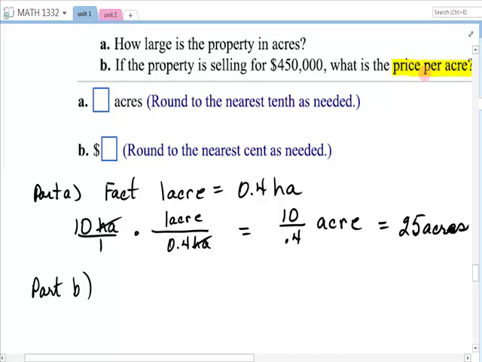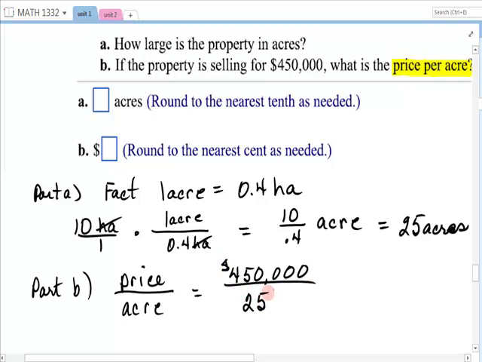Price, per means over, acre. So I need price over acre. What's the price? $450,000. Number of acres, 25 acres.